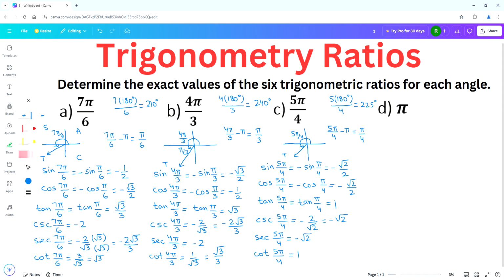The given angle is pi radians, which is equivalent to 180 degrees. 180 degrees lies along the negative x-axis. We can use the graph of sine, cos and tan functions to find the values of the 6 trigonometric ratios for pi.